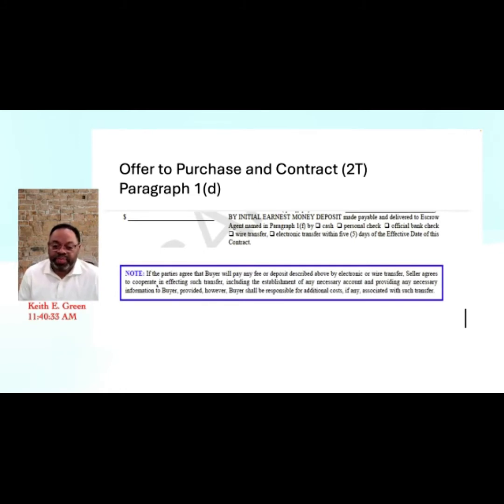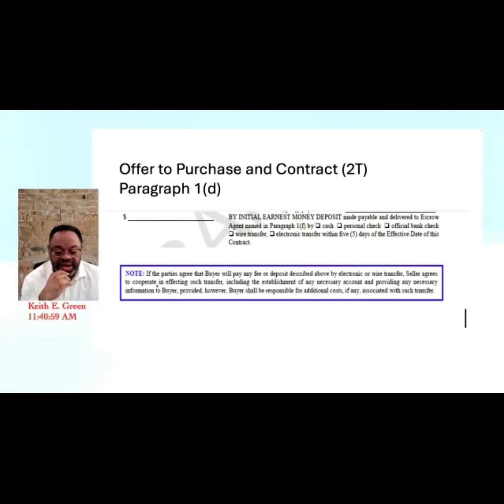Regarding paragraph 1D, what changes were made? It talks about earnest money. Before, the old form said it would be delivered by the effective date. They took that out, and now there is a box that says electronic transfer within 5 days.